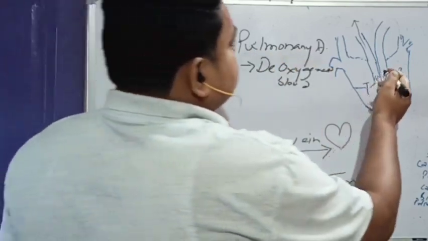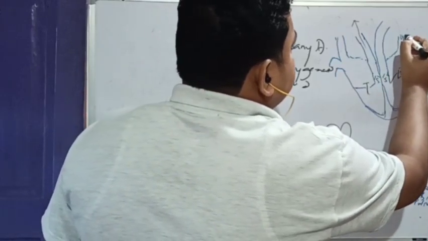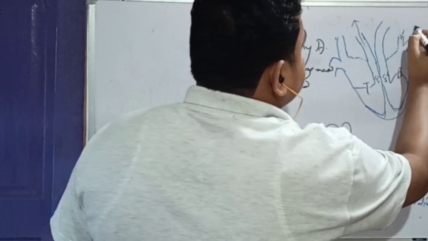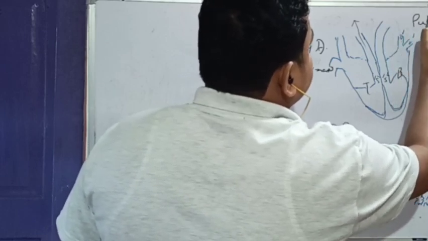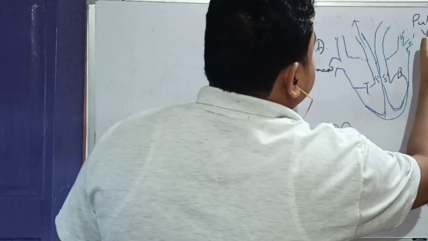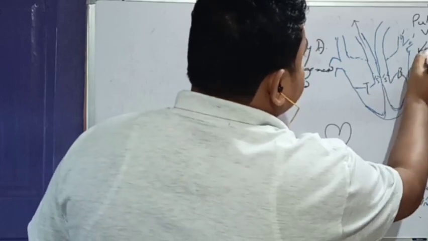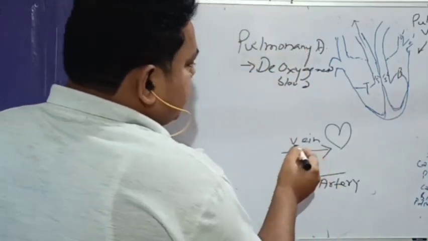Again, notice here. These two are pulmonary veins, because blood comes towards the heart, so it will be a pulmonary vein. See, a vein comes towards the heart.